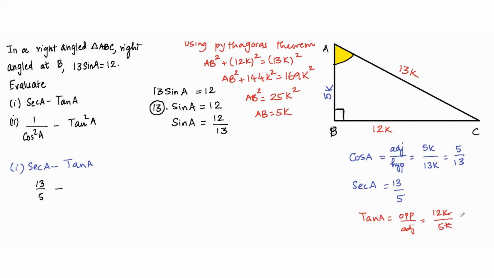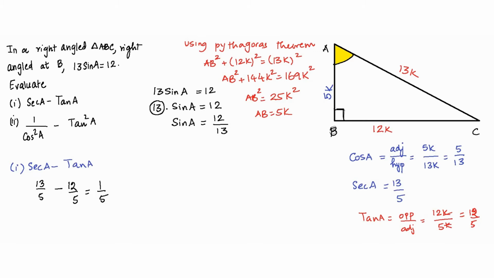So K cancels again and I get 12 upon 5. This is the value of tan A. So 13 by 5 minus 12 by 5 is equal to 1 by 5. This is the value of sec A minus tan A.